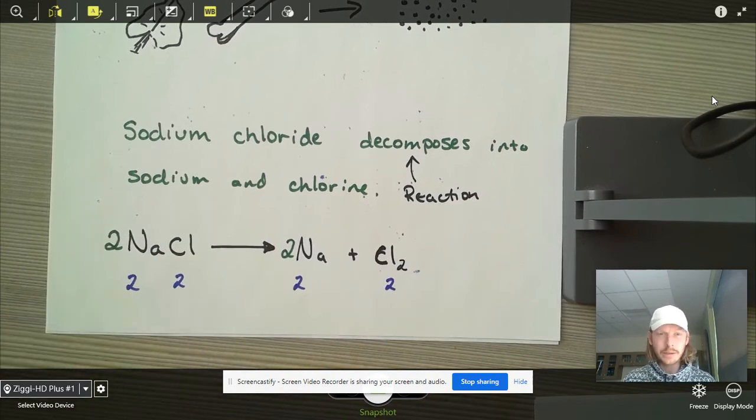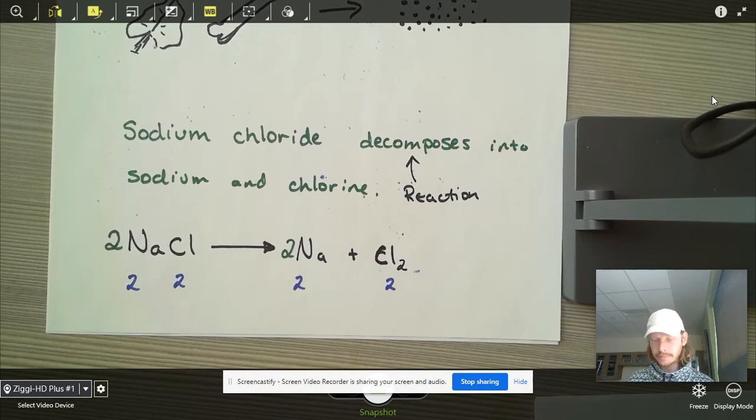I'm looking pretty good. These are very similar, but we'll start to notice that they're just switched, right? The compound is now on the left, the elements are on the right. So what does that mean with labeling the products and the reactants? The products is what's being produced.